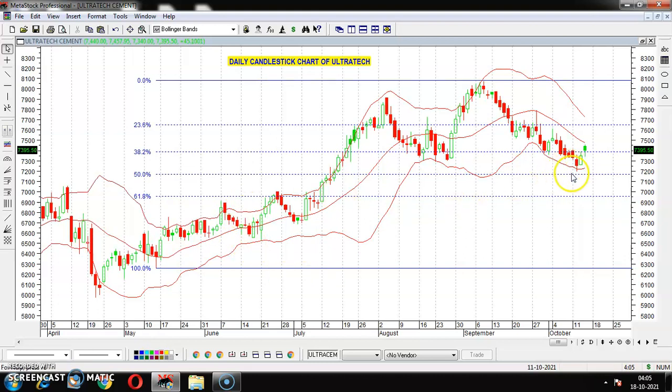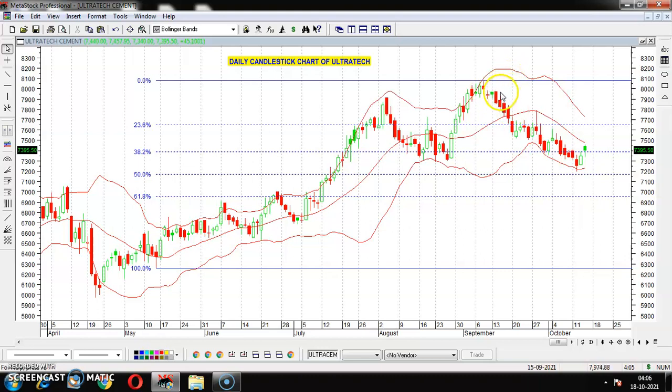Through this Bollinger Band, we can easily find bullish and bearish indications. Bullish indication means if we see any W bottom formation, then we can say there is a bullish indication. If any M top formation is made, then we can say there is a bearish indication.